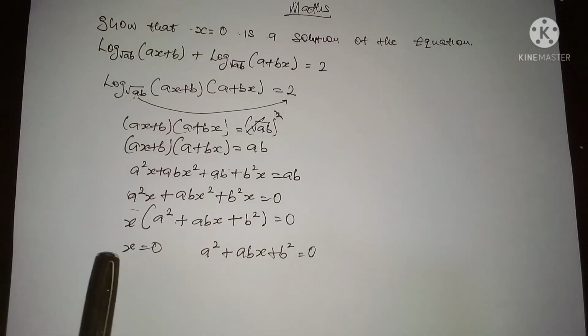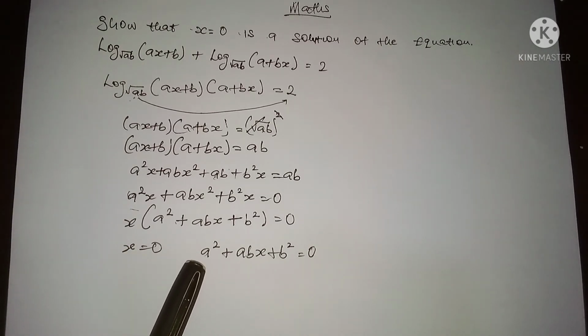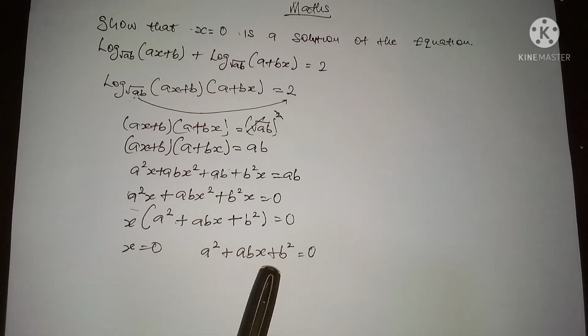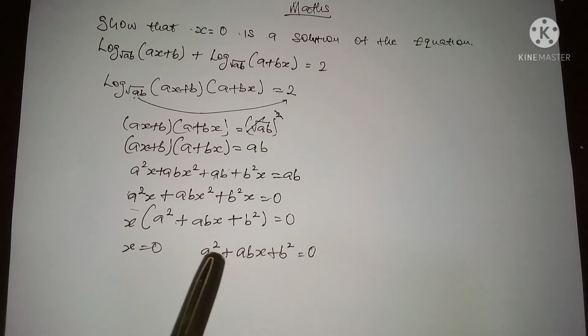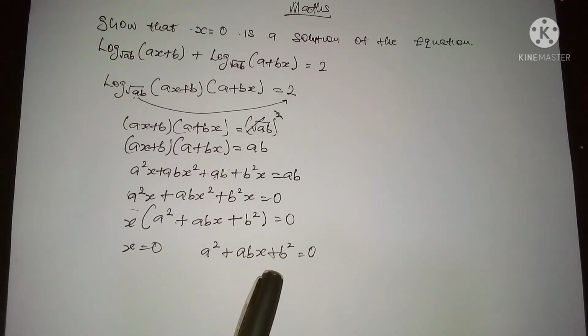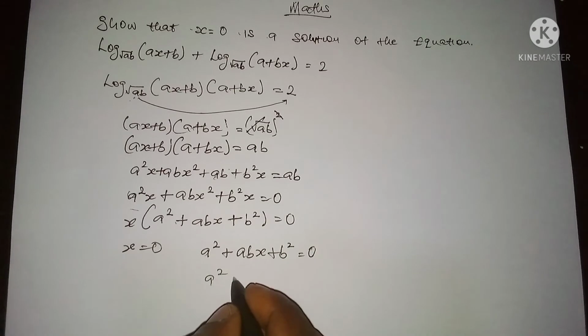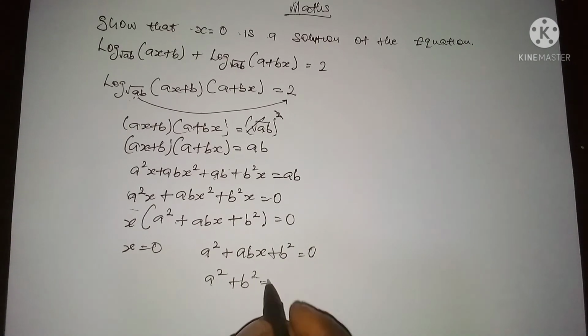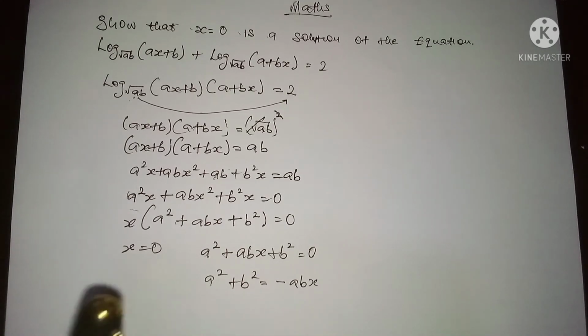So x equal to 0 is a solution to this equation, and a to the power of 2 plus abx plus b to the power of 2 equal to 0 can also give a solution to this equation if we make x the subject of the formula. By making x the subject, we subtract abx from both sides. We have a squared plus b squared is equal to negative abx.